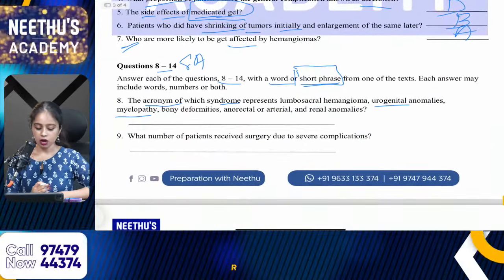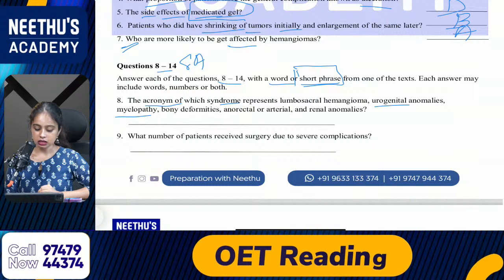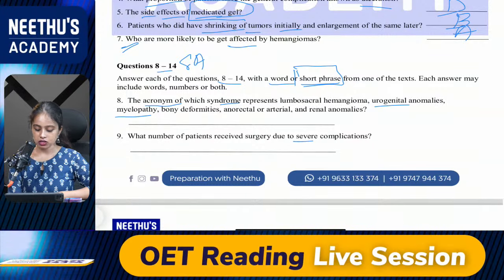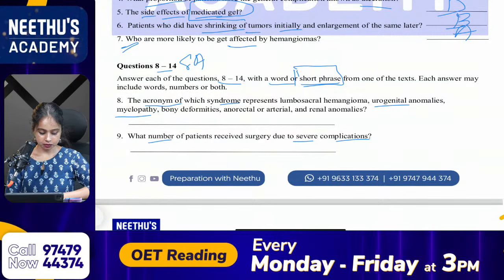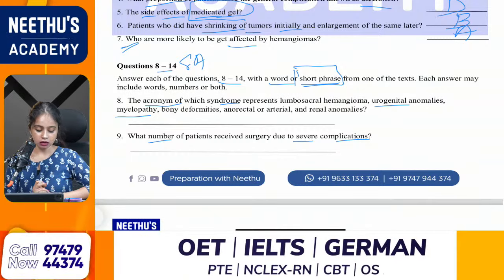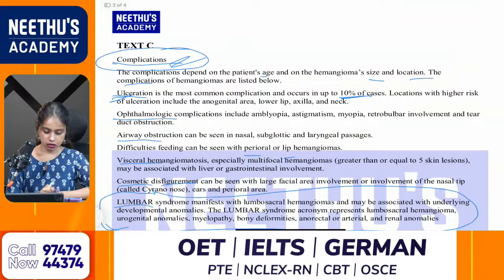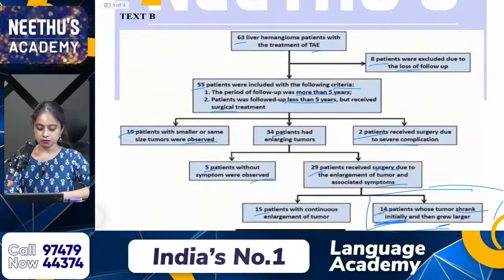Okay, 9th one. What number of patients received surgery due to severe complication? We need a particular number. Any idea? See, it is in the pictorial.